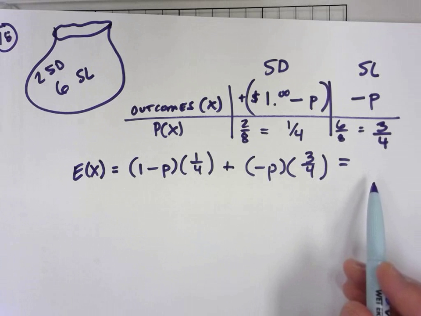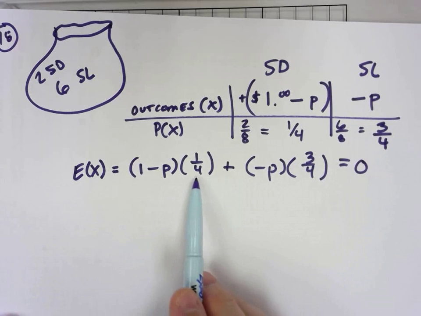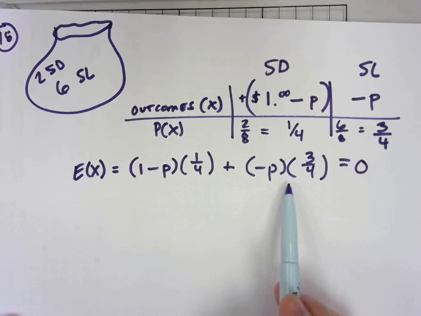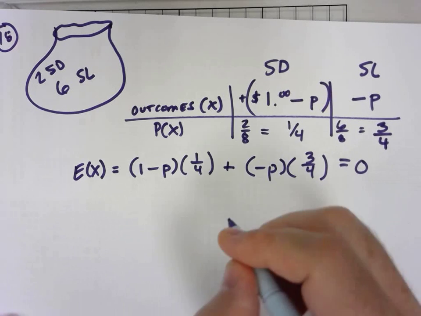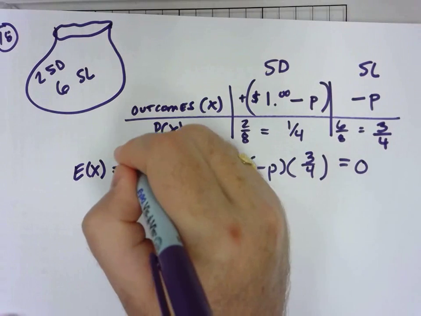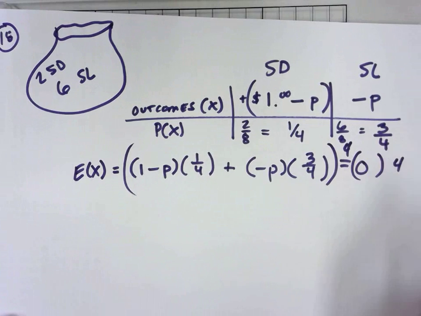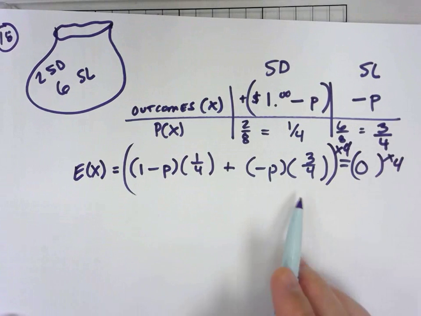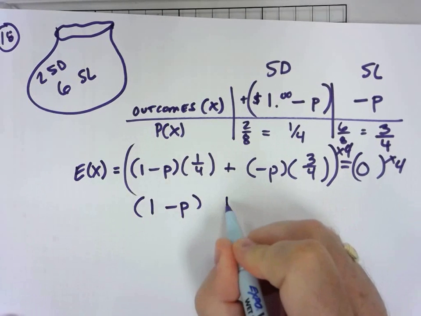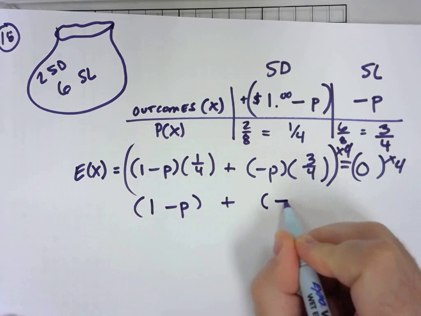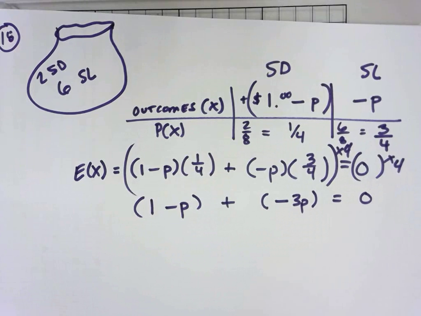No, 0. So you just set all that equal to 0. If you notice, guys, both these terms are divided by 4. So if I multiply through by 4 on both sides, that knocks out the denominator, so I get 1 minus p plus negative 3p is equal to 0, because 4 times 0 is still 0.